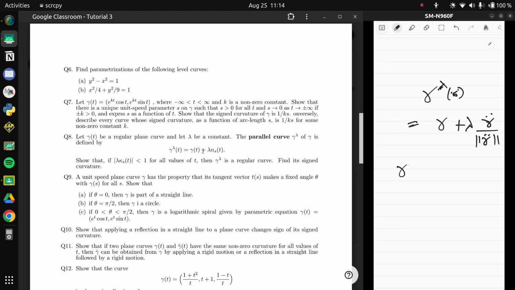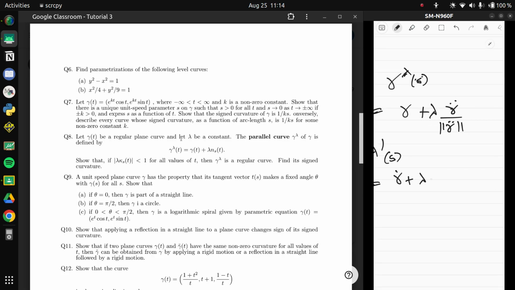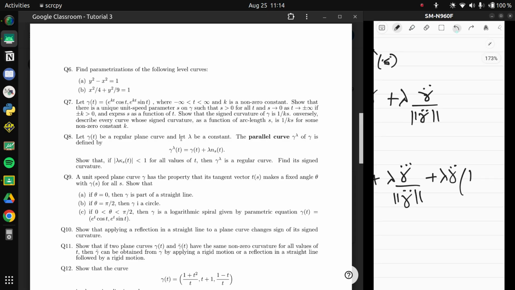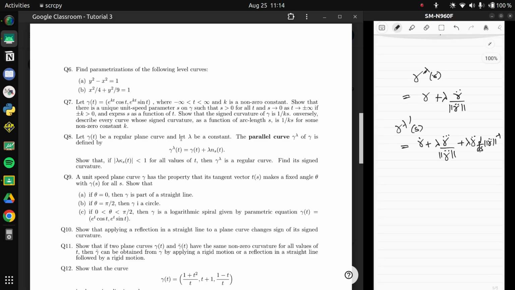So your gamma lambda, the derivative of that with respect to s would be just this quantity gamma dot plus the derivative of that, right? Okay, that was as before, sure.